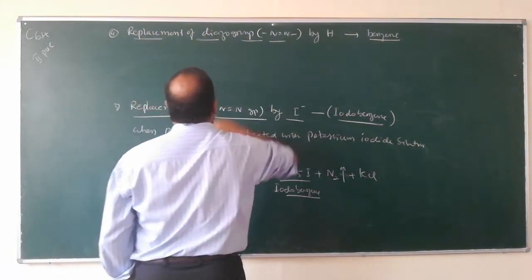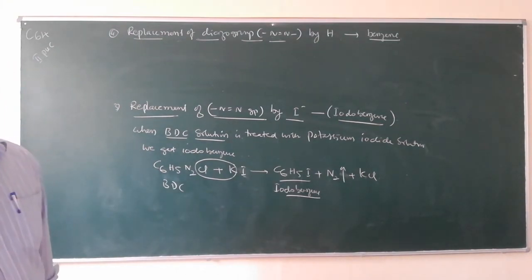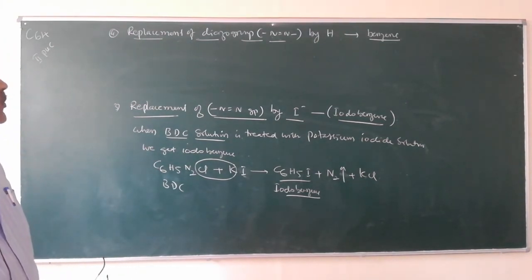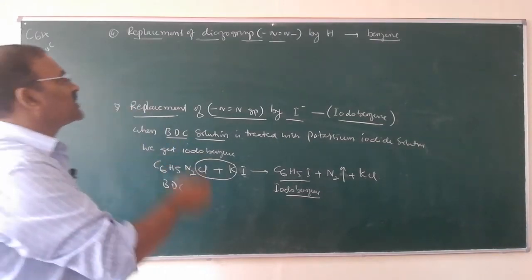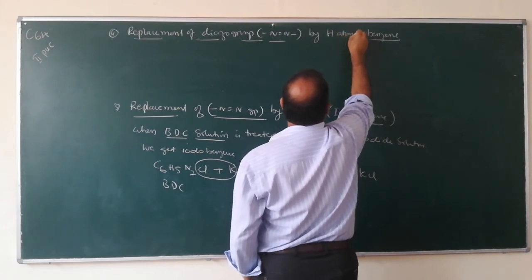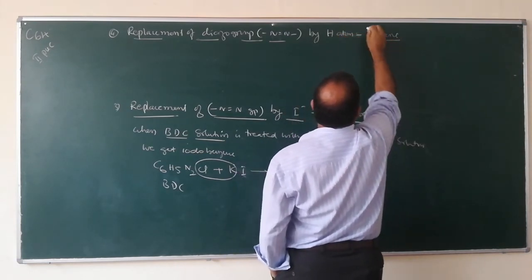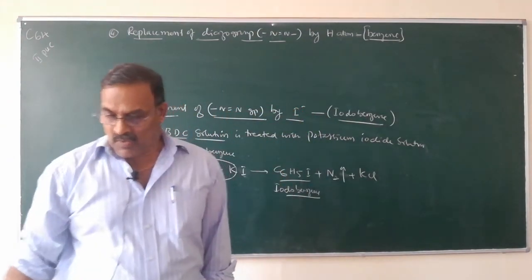So how has the diazonium group been replaced by H atom? If the diazonium group is replaced by H atom, you will get benzene.